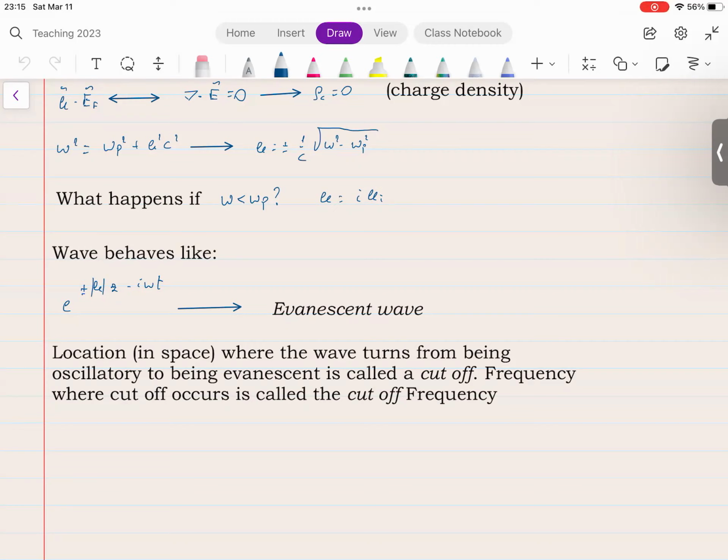Let me fix this. You will also see cutoff written with a dash, and I forget what our textbook does, or written as a single word.